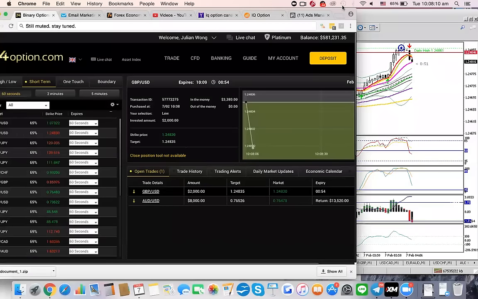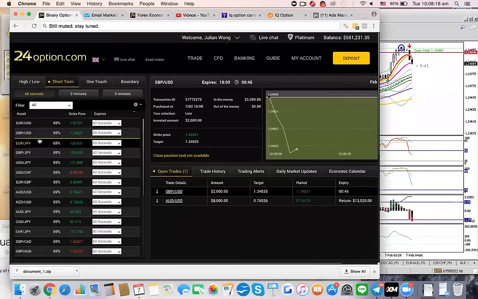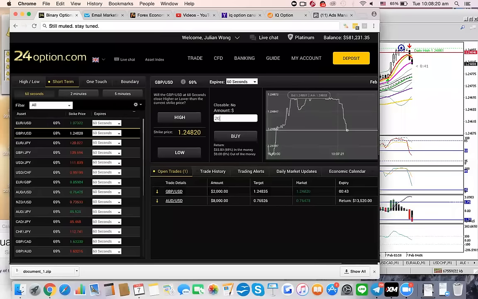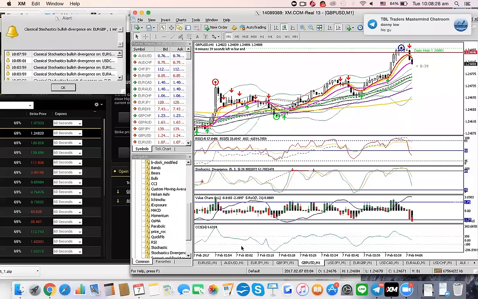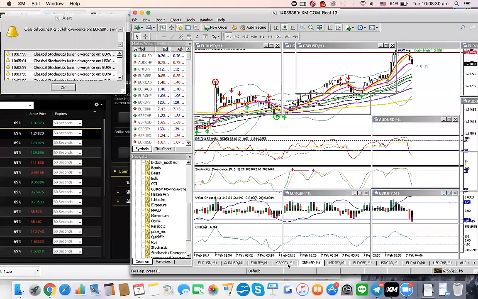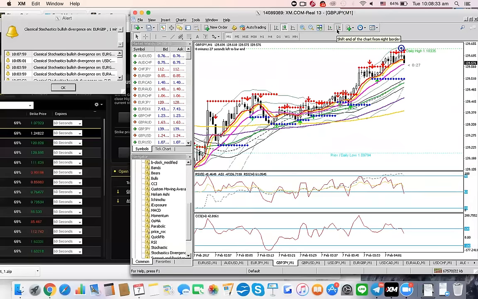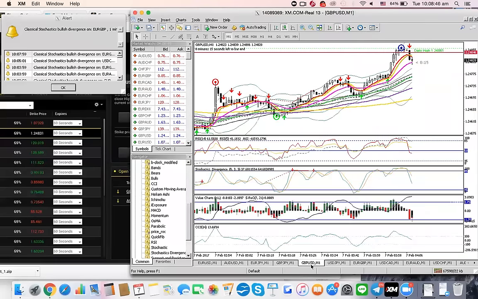Hmm. 60 seconds. We don't have GU. What about GJ? GJ, same action. Puts. The GJ setup's a little bit different. You can go at the end of this minute.